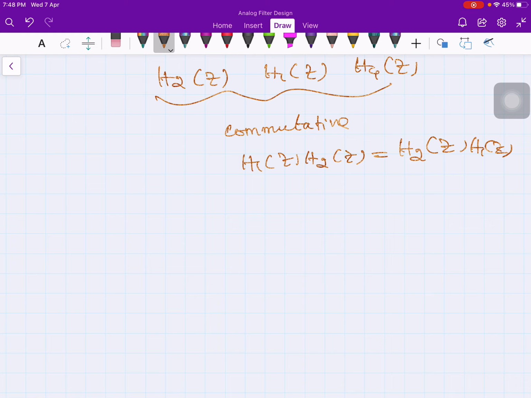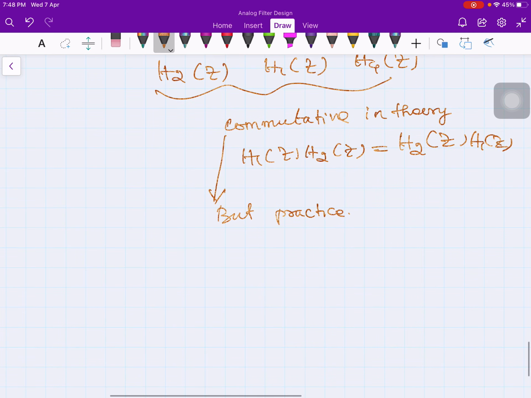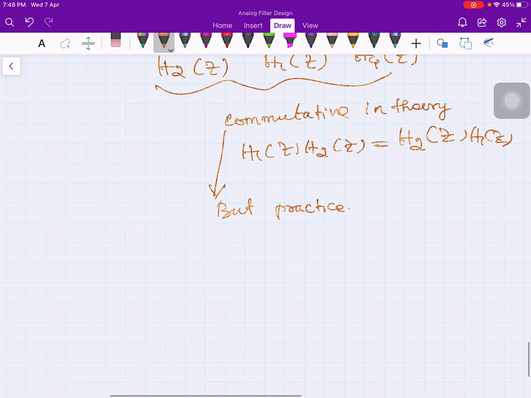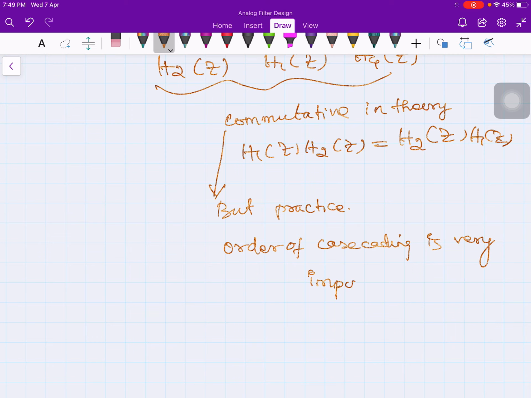But in practice, the order of cascading is very, very important, from the point of view of overflow and word length effect.